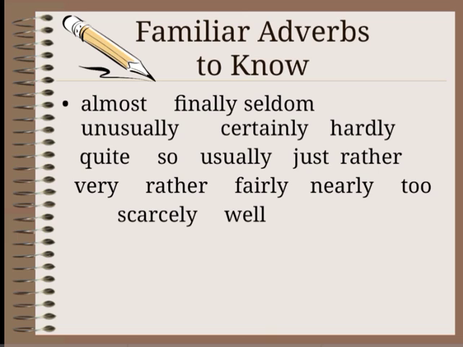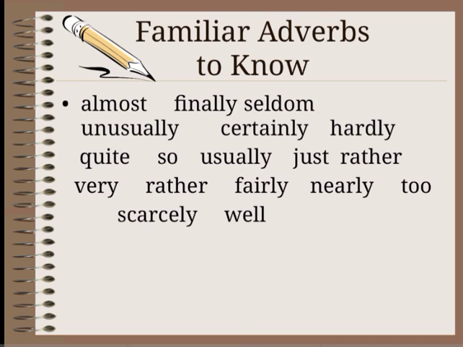So once again I read: almost, finally, seldom, unusually, certainly, hardly, quite, so, usually, just, rather, very, fairly, nearly, true, scarcely, and well. But there are some tricky ways to remember the adjective and adverb parts, and mostly when the word ends with ly or lly, you can easily identify that these words belong to the adverbs.